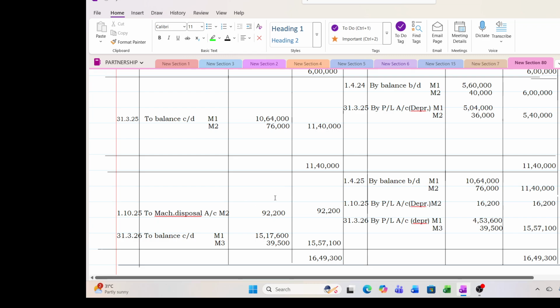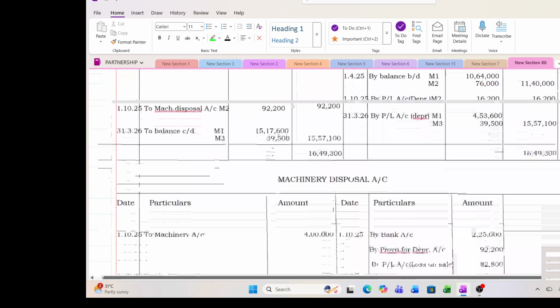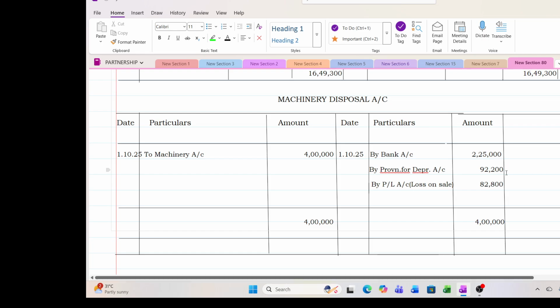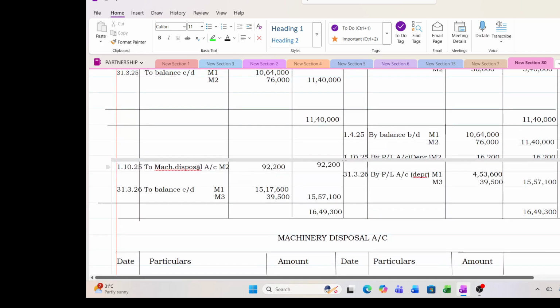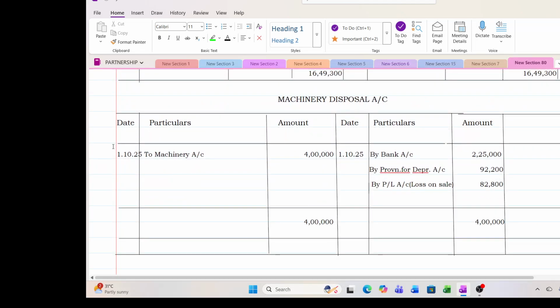So when you are removing it from the provision for depreciation account, provision for depreciation will get debited and the disposal account will get credited. See here in the disposal account, the amount has come. Now coming to these two machines, they will continue. So that is carried down, and that will go as brought down on 1/4/26 and so on. Now in the machinery disposal account, we auctioned that machine and got 2,25,000.